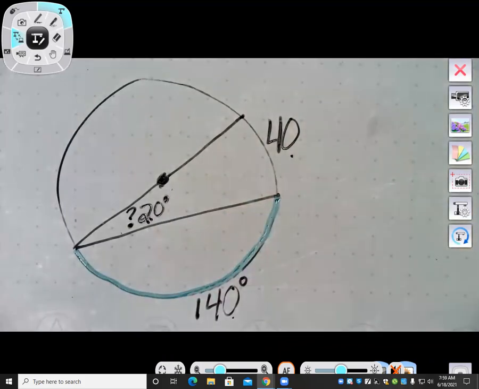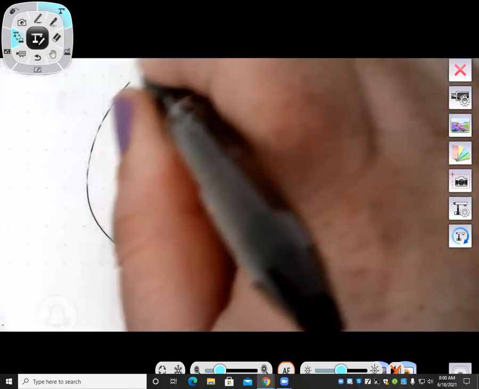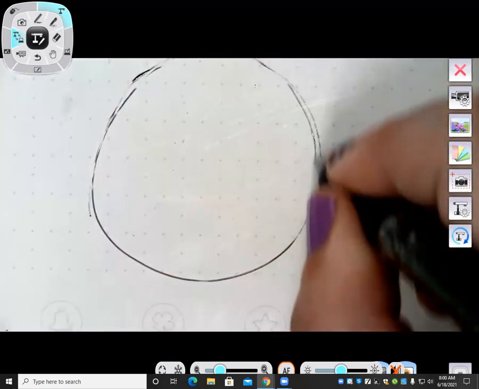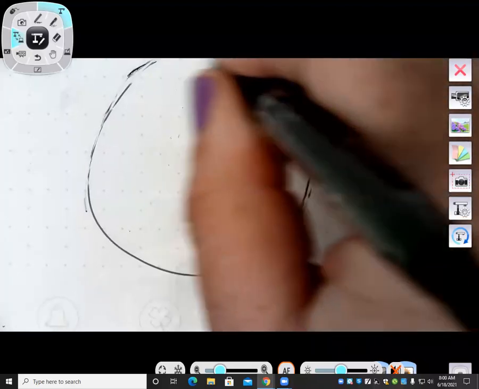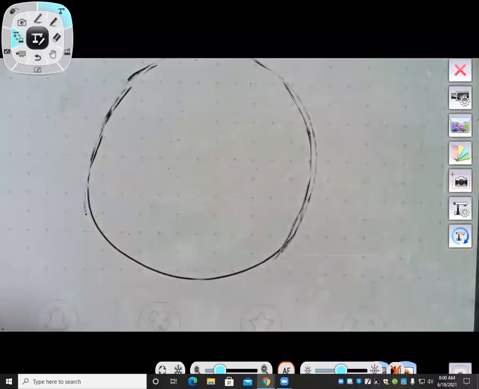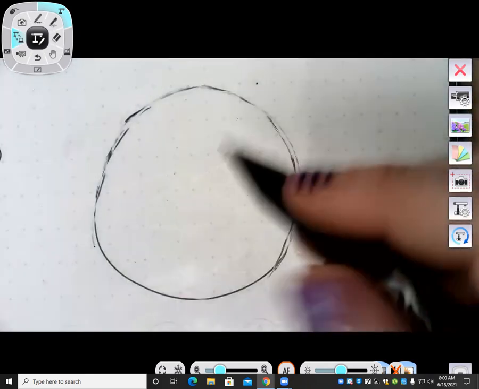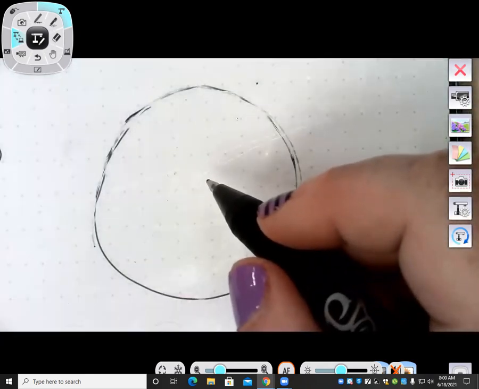Good. Okay, let's try another tricky one. Oh, come on, pen. Whatever, you get the idea that that's a circle. Let's see, how do I want to trick you this time?